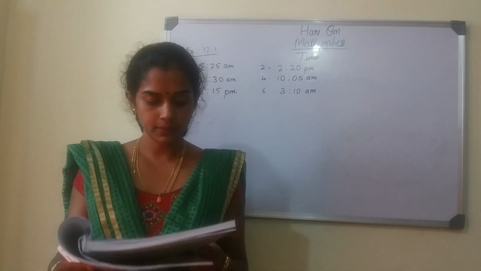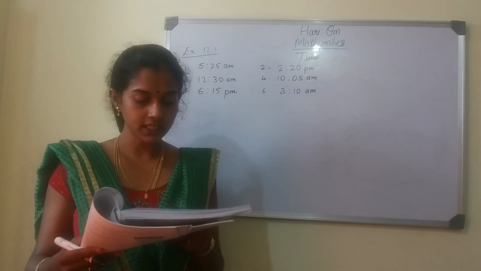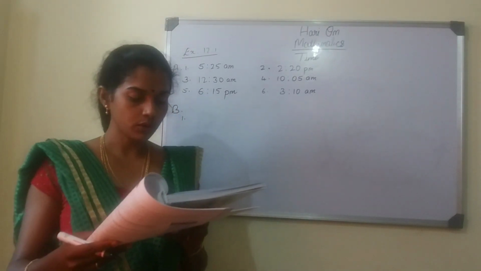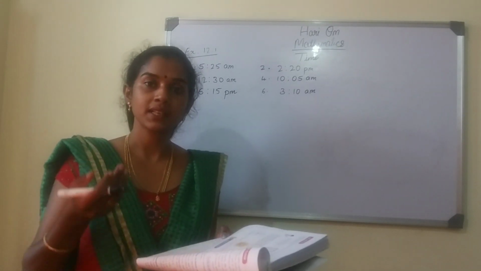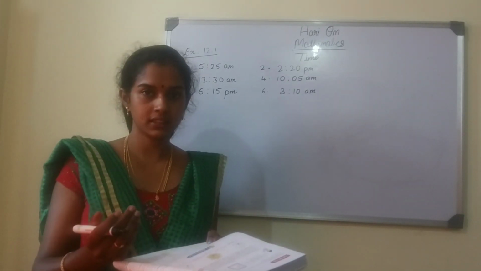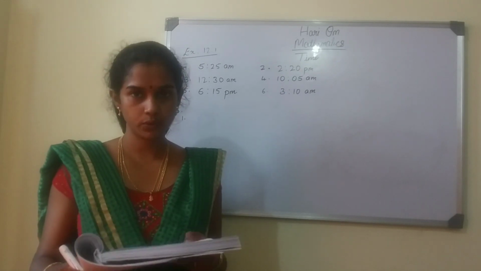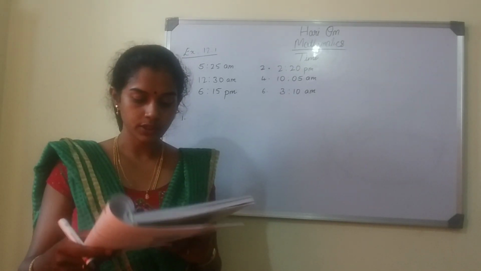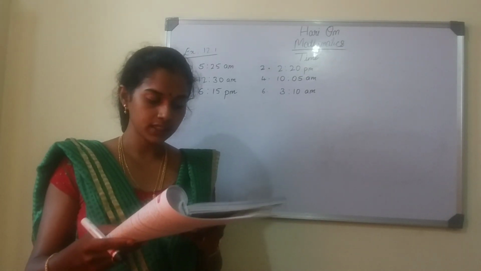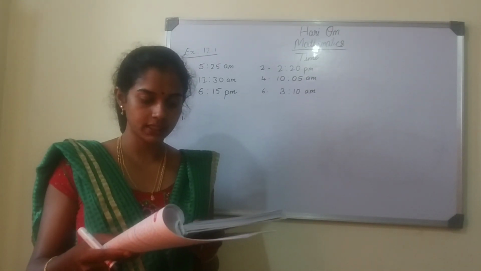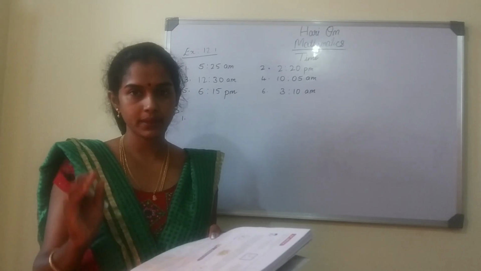7 o'clock 30 minutes AM. So before 1 hour, 7 o'clock will become 6 o'clock, 6 o'clock 30 minutes. Here the minutes won't change, children. Only the hours will change, not the minutes. The 30 minutes will remain the same.